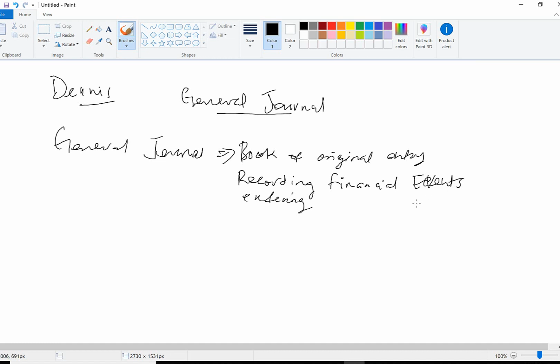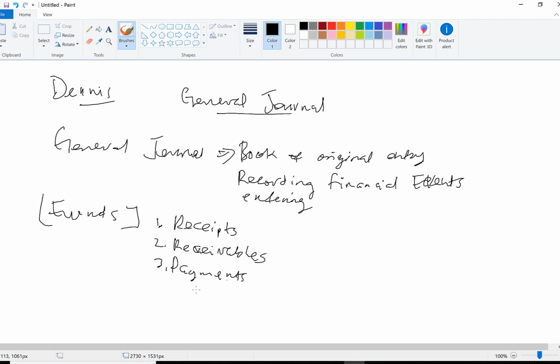So what these events can be: receipts, receivables, payments, purchases, and etc.